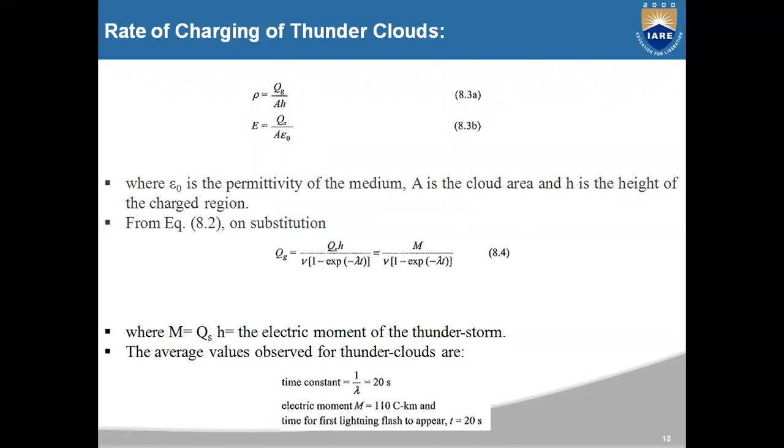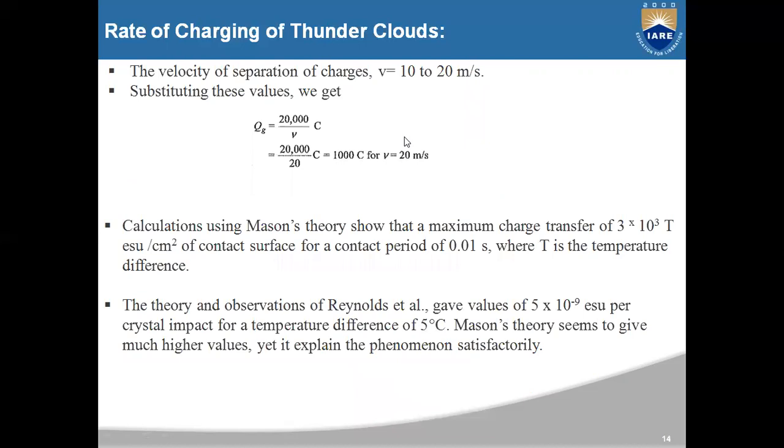The average values observed for thunderclouds are, suppose the time constant 1 by lambda equals 20 seconds, the electric moment is 110, and the time for the first lightning flash to appear is t equals 20 seconds. These are the assumptions we have for an average value. And the velocity of separation of charges will be about 10 to 20 meters per second. So substituting all these values, we get Qg equals 20 meters per second.